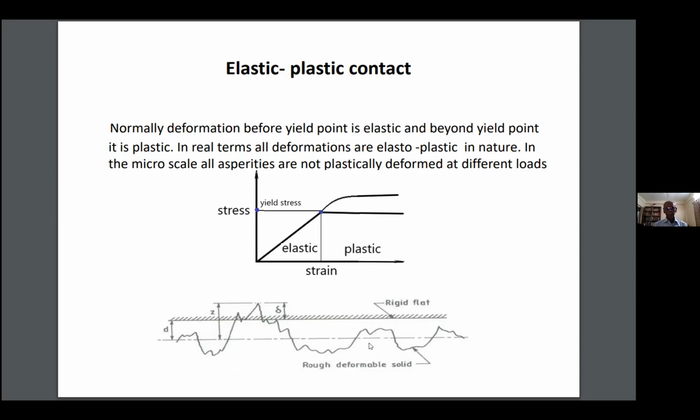Hence some asperities will be elastically deformed, some will be plastically deformed, and the total load or total deformation has to be taken care of by the distribution of the two sets, or maybe more sets, of asperities. We can divide them into elastically deformed asperities, plastically deformed asperities, and also elastoplastically deformed asperities.